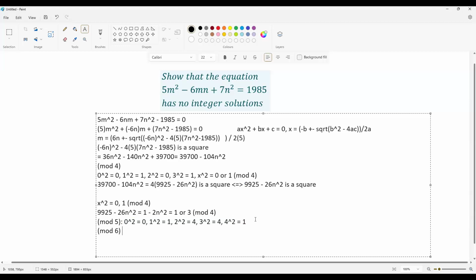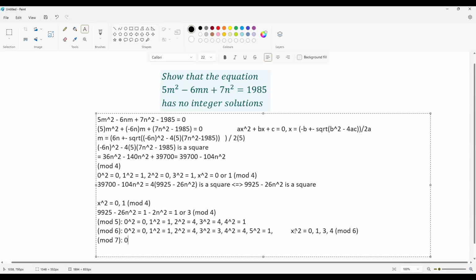What about mod 6? 0 squared congruent to 0, 1 squared congruent to 1, 2 squared congruent to 4, 3 squared congruent to 3, 4 squared congruent to 4, sorry, 5 squared congruent to 1. So x squared is congruent to 0, 1, 3, or 4. This, again, doesn't look very useful.